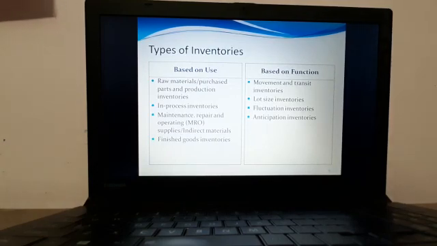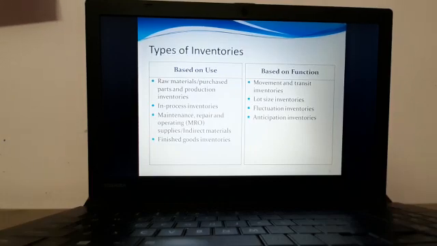Unless that B material, which is being manufactured elsewhere, reaches the position where we are going to manufacture, the product is not going to get completed. So hence, based on function, we have movement and transit inventories.